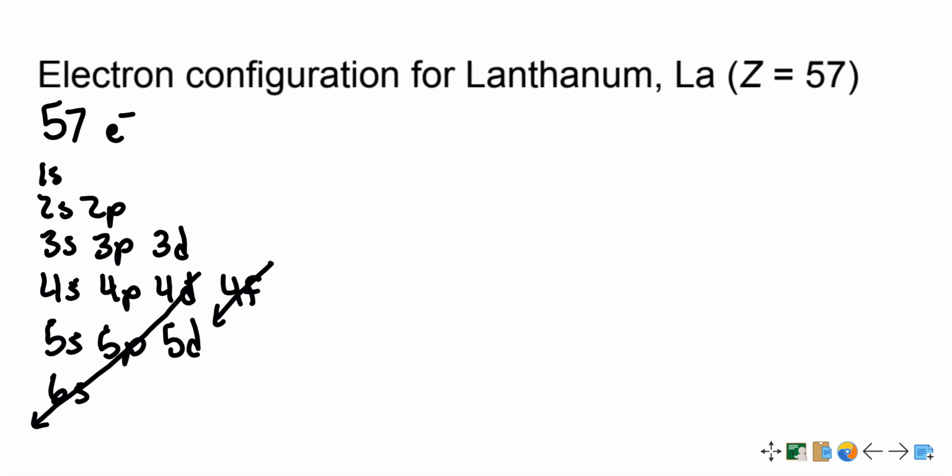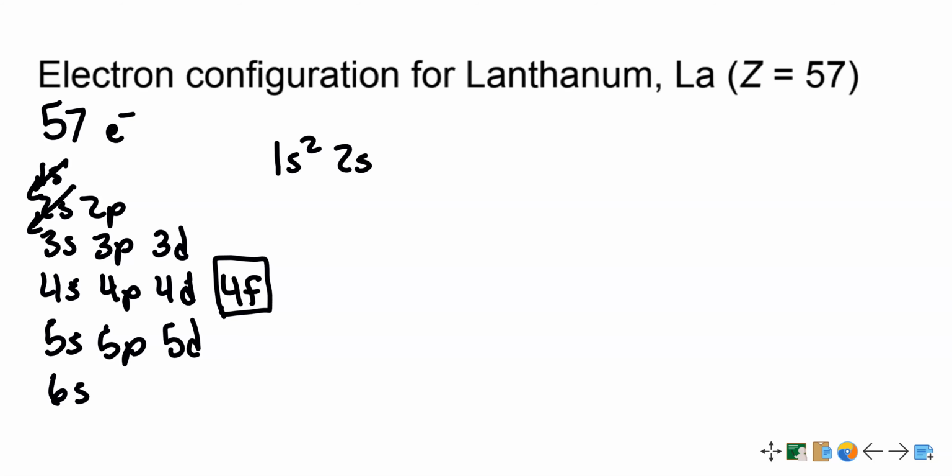So this is where it comes in handy to know how many electrons go in each orbital so that we can count them. For instance, 1s2. We know that's going to be full. We know 2s is going to be full. We know 2p and 3s are going to be full, and 2p can hold 6 at most. 3s can hold 2.